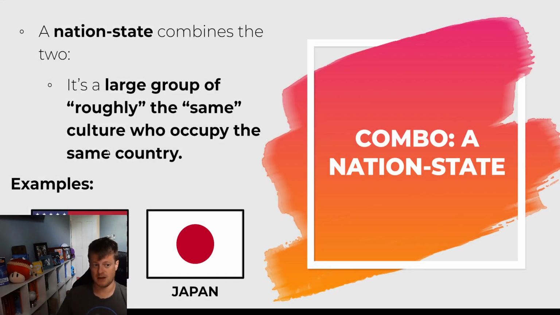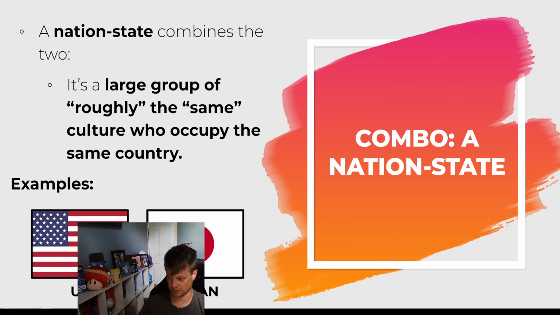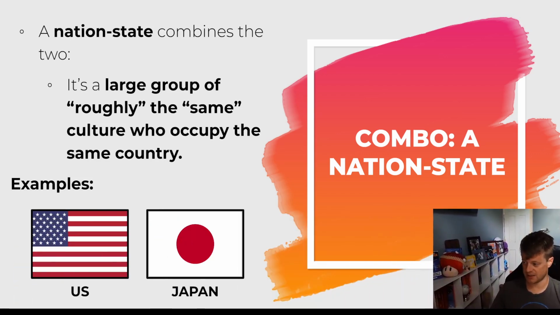That brings us to the last one, which is, what's a nation state? That's just going to combine the same terms. A nation state basically means a country where the people inside of it share a roughly similar culture.